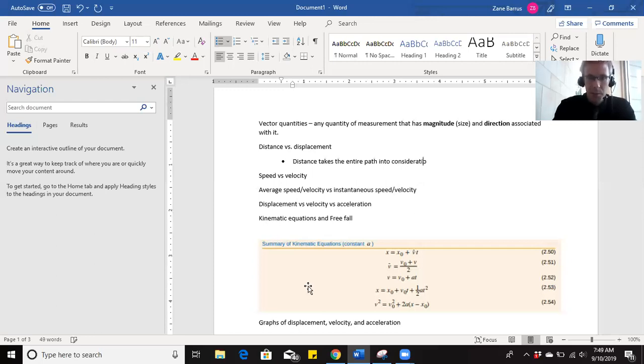Okay, so for example, let's suppose that I was drawing out my path to school. So let's say that this dot represents my house, and let's say that this dot represents my school. Now, as the crow flies, we could get from point A to point B very quickly if we were in a fast-moving car.